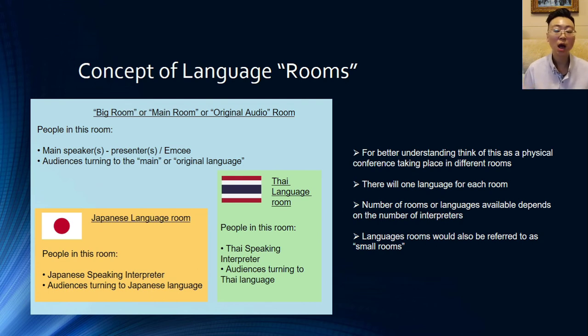So basically, whether it's real life or a Zoom webinar, you would only be in one room at one time. I mentioned the big room, and the small rooms would be the different languages. There's only one language in one room, and the number of rooms or languages available depends on the number of interpreters.